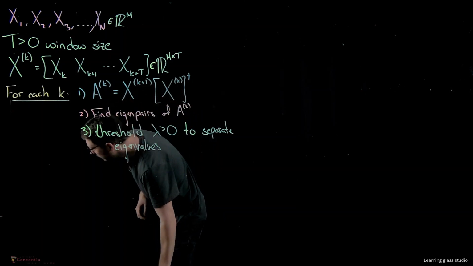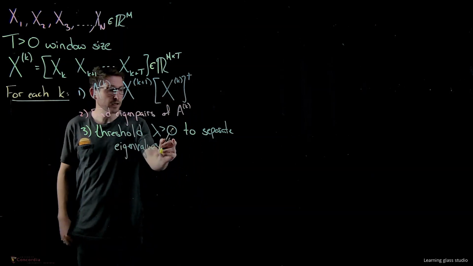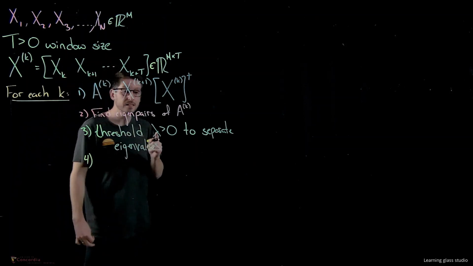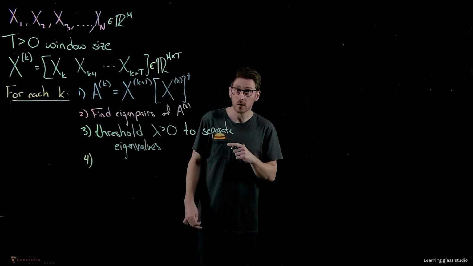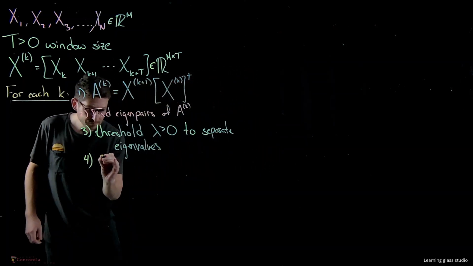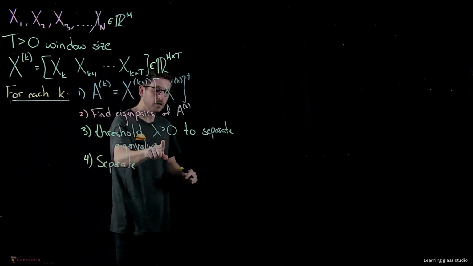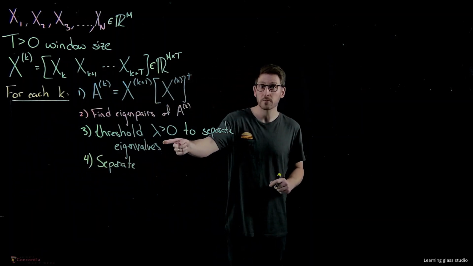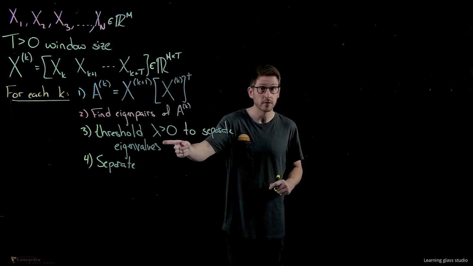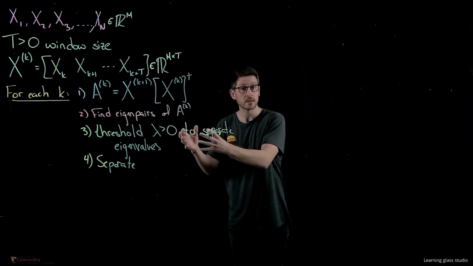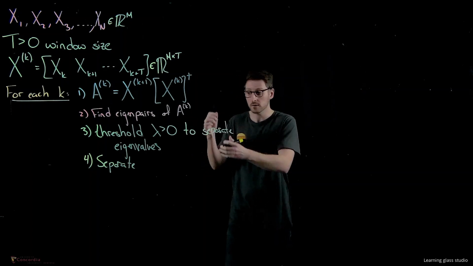And then, once I separate the eigenvalues, I can separate the signal inside the window, right? Because remember, these things are just a linear superposition of eigenvalues and eigenvectors. So what I could do is take everything associated to the fast component and just keep those eigenvectors.